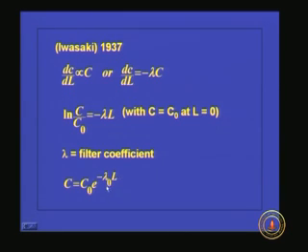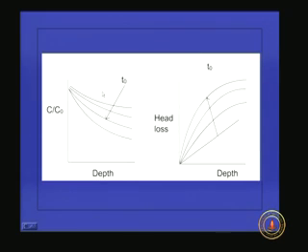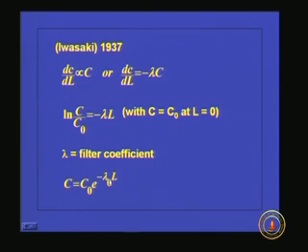What we have to do is, for the different lengths, we have to find out the C value, as we have seen earlier. With respect to depth, we can find out C by C naught. Depth is nothing but the length of the filter media. So, we will be getting a curve like this. From this, we can find out the value of lambda. Once the value of lambda is found out, we can predict the performance of the filter.